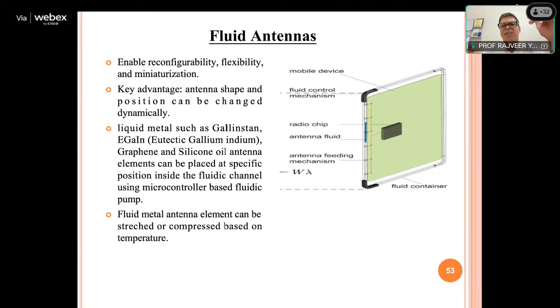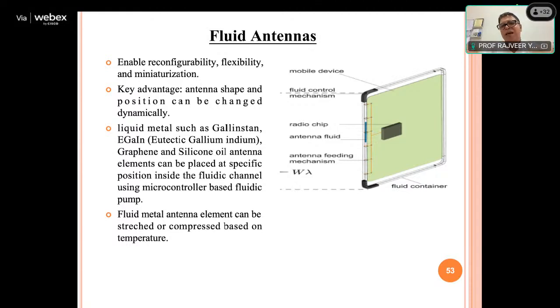So these are state-of-the-art architectures, and they will have liquid metal as a replacement of the metal or ceramic, and the fluid will not be static. You can rotate the position of the fluid depending on the availability of the signal. For example, this is an iPad.